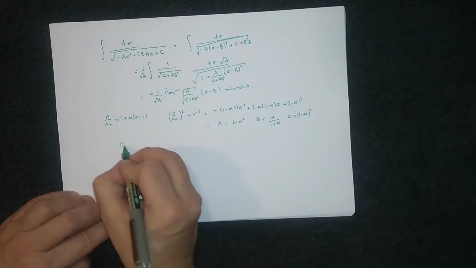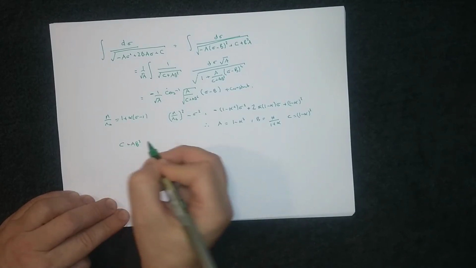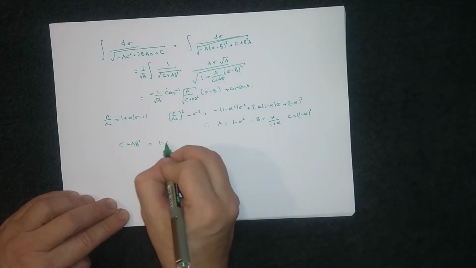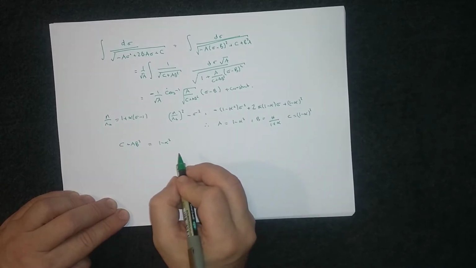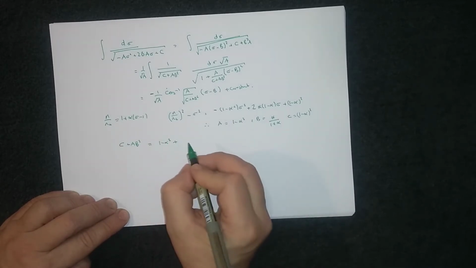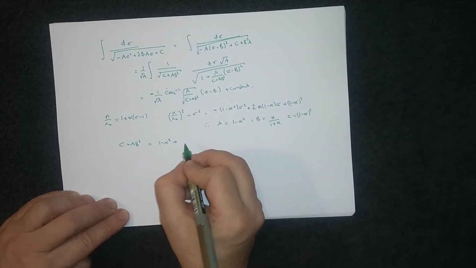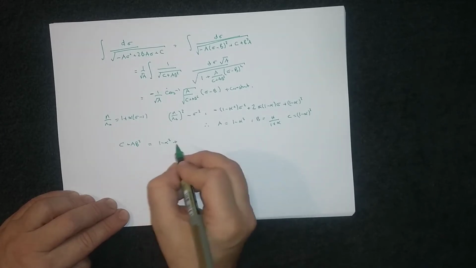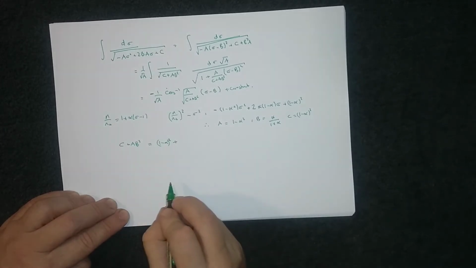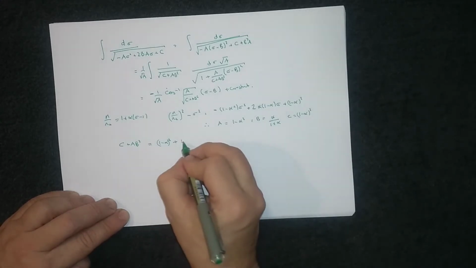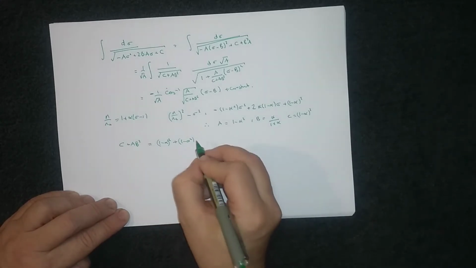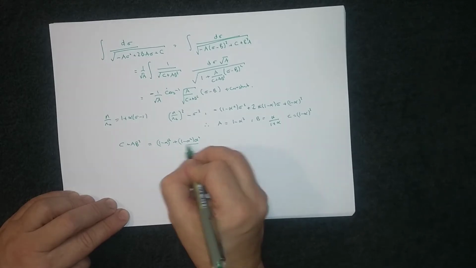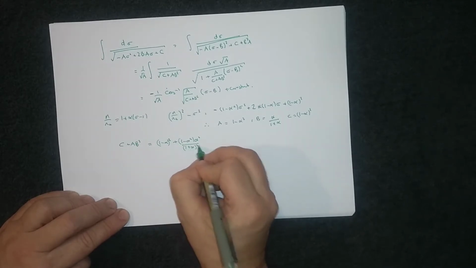So c plus ab squared is 1 minus alpha squared, plus, no, sorry, 1 brackets that way around, plus a, 1 minus alpha squared times alpha squared over 1 plus alpha all squared.